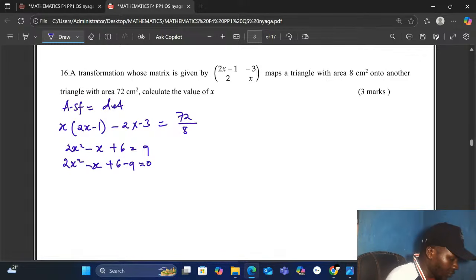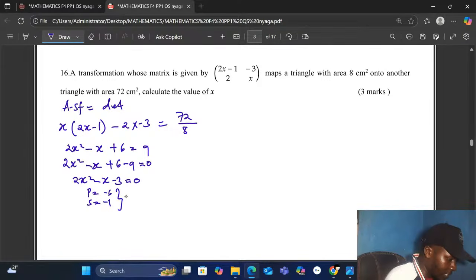We can simplify 6 minus 9, so that we have 2x squared minus x minus 3 is equal to 0. So we can have the product to be equal to negative 6, then the sum will be equal to negative 1.